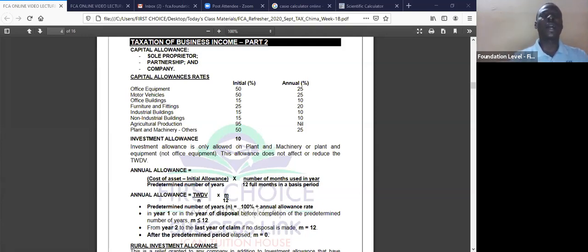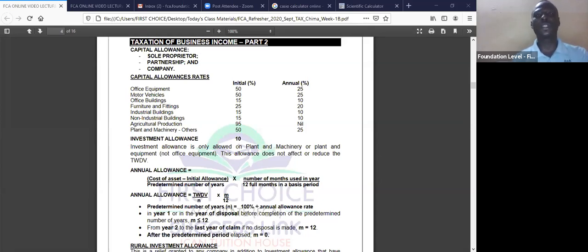Now, how do we deal with this issue, especially in the commencement rule? For initial allowance sake, any asset that is bought within a period of overlap is treated in the first period that it appears.